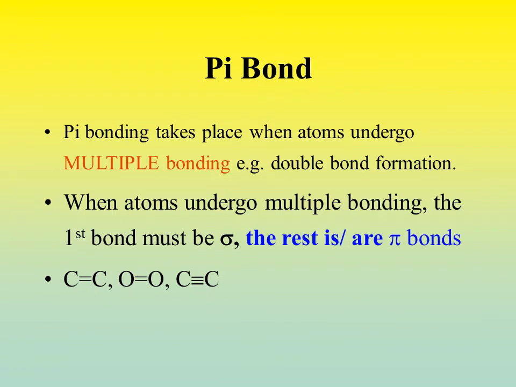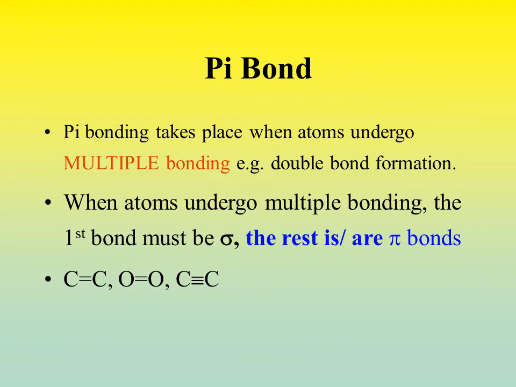The pi bond takes place when atoms undergo multiple bonds, for example in double bonds and triple bonds. Now let us consider why this is so. In the first case, if you think in a 3D space, only one head-to-head overlap is possible.